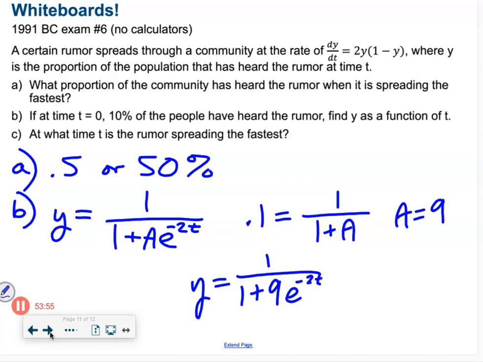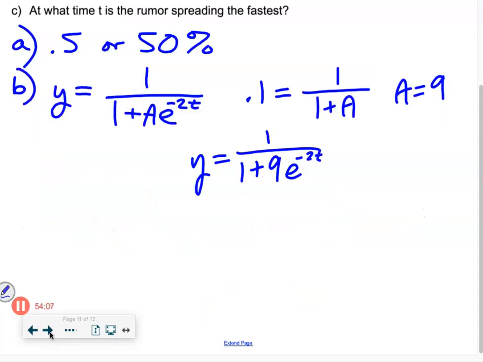All right, last part. At what time is the rumor spreading the fastest? So what are you going to set your y equal to? 0.5 and then solve for t. And then you are done with that whole AP problem. Yeah, this was no calculator. So in this case, you just have to actually distribute.